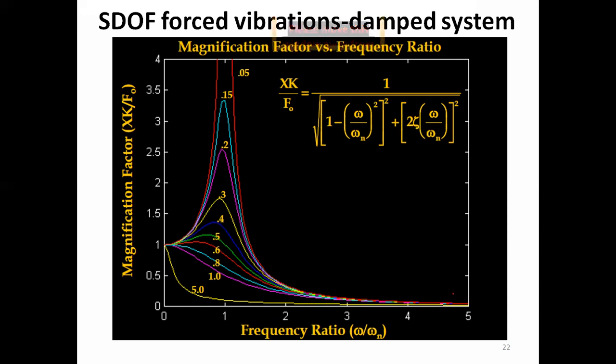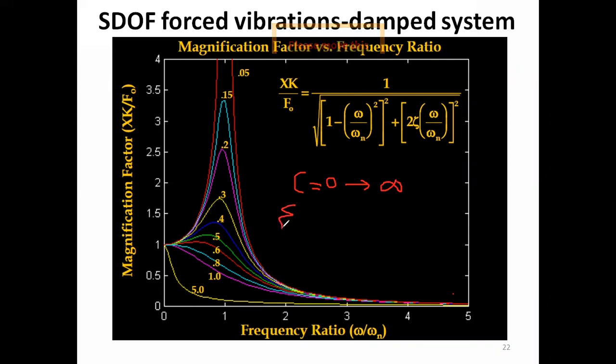So what is the range for C? The range for the damping in the system is from 0 to infinity. I will write down this here. The range for C is actually from 0 to infinity.